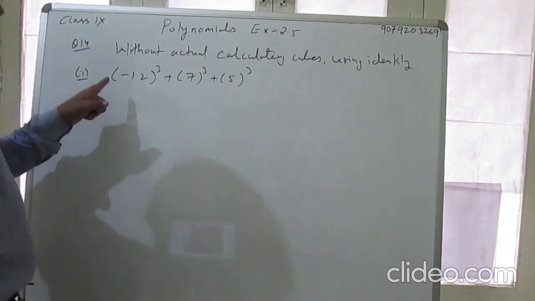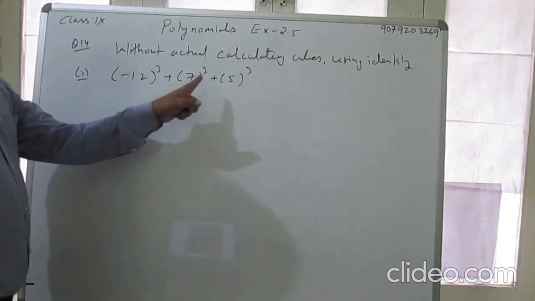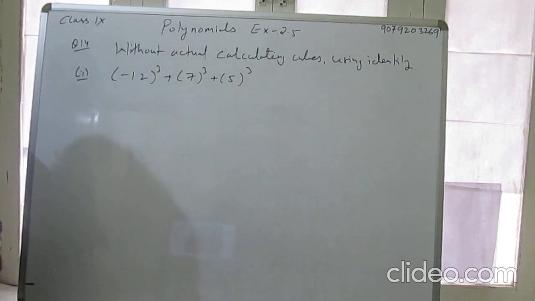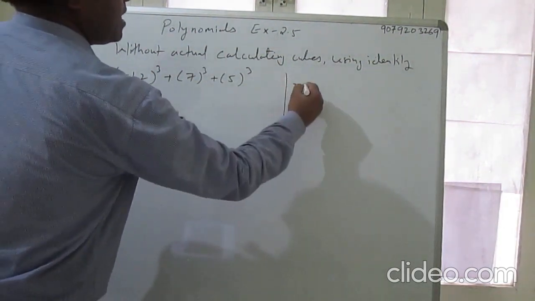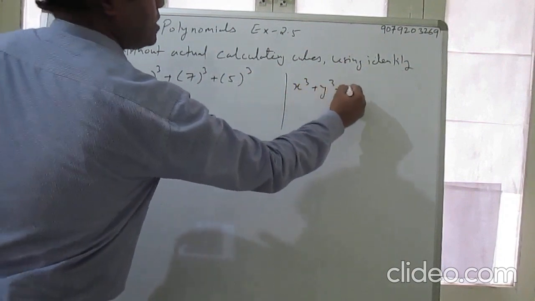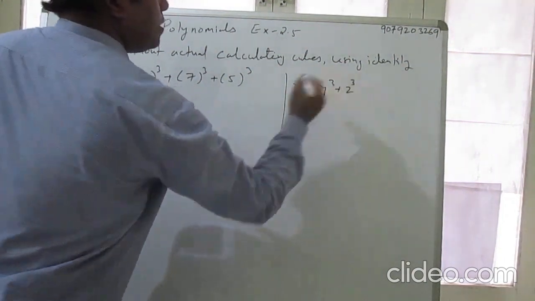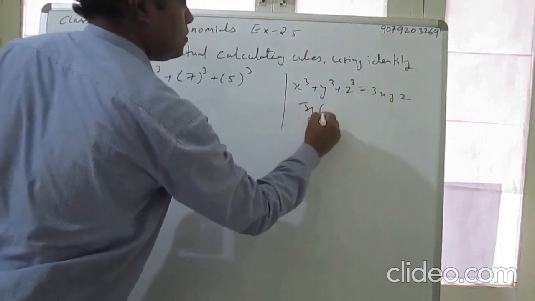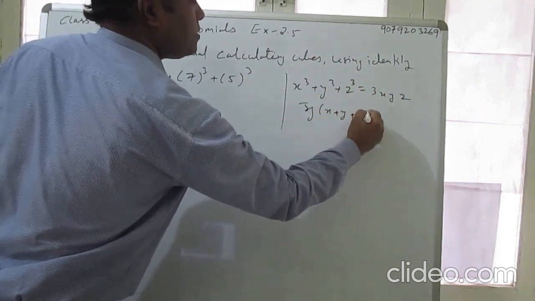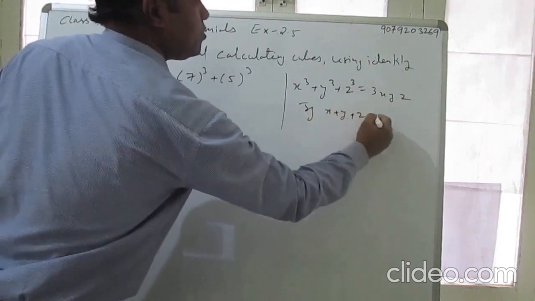You see here, x cube plus y cube plus z cube is equal to what? 3xyz. You know this identity, x cube plus y cube plus z cube is equal to 3xyz if x plus y plus z is equal to 0.